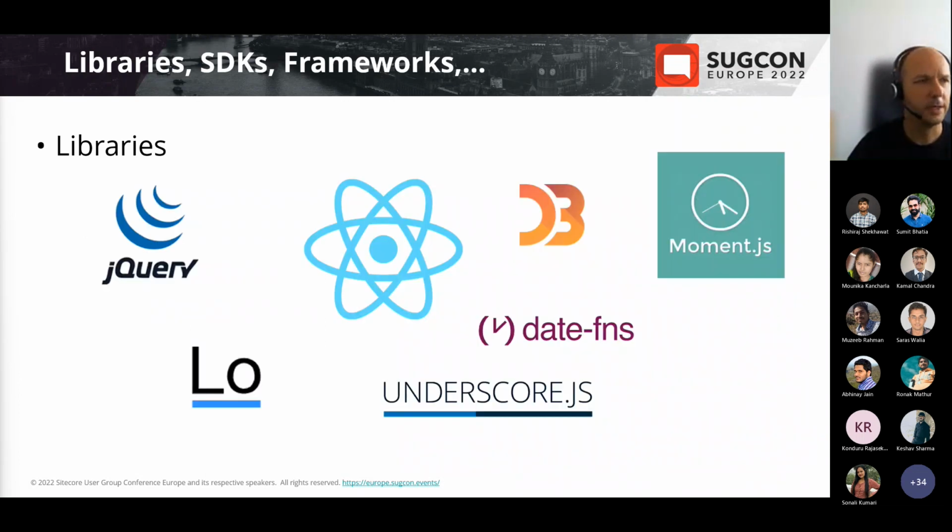If we talk about libraries, let's take a look at some of the most useful, or maybe most well-known ones. Definitely React is a really nice JavaScript library to build user interfaces. We have jQuery, which is not used much these days.